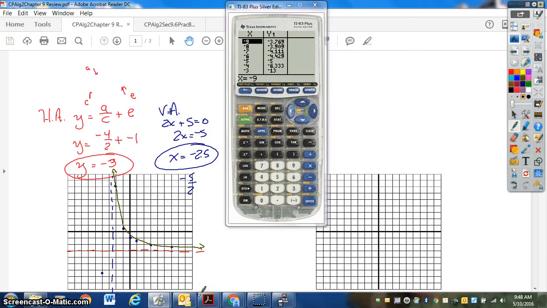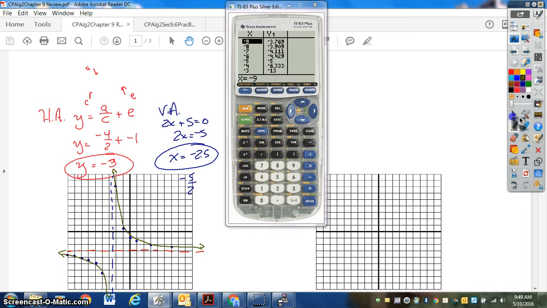And then I'm at negative 5, 5, which is here. Negative 6, 4.4. Negative 7, 4.1. And negative 8, and so on. So let's connect these up. And there's our graph for number 1.